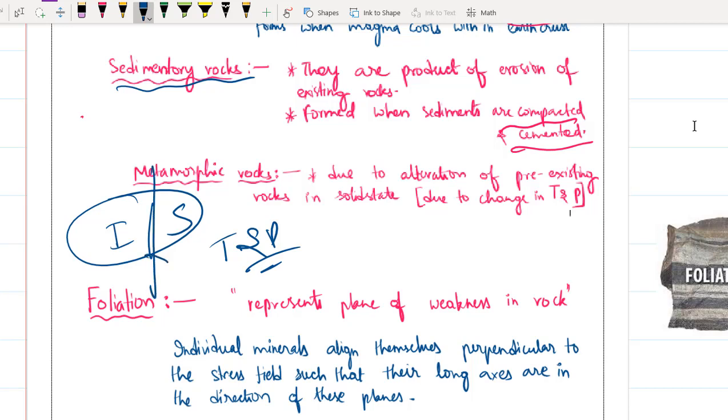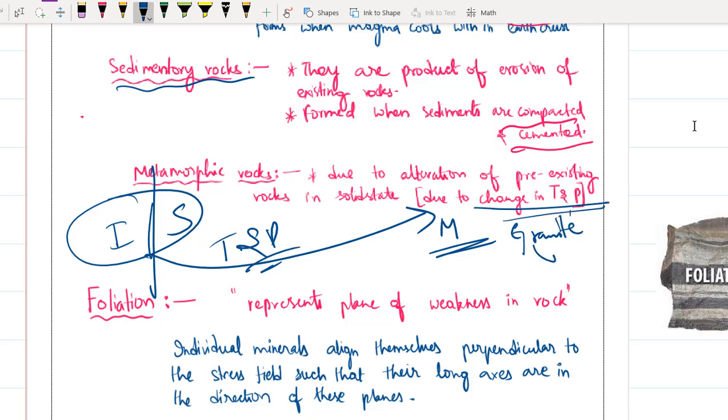Agreed or not? So whenever you are applying this temperature or pressure, there will be change in rocks and they will be forming metamorphic rock. As simple as that. We have igneous rocks and sedimentary rocks, and whenever you are changing the state of them, you will be getting metamorphic rock. For example, granite का क्या हो जाएगा? If you have a granite and you are changing its temperature and pressure, it will be transforming into gneiss.